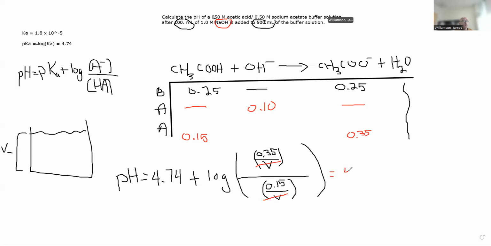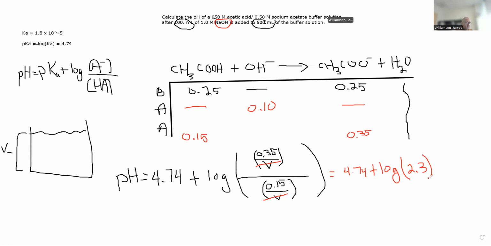So this will be 4.74 plus the log of 0.35 divided by 0.15, which is 2.3.